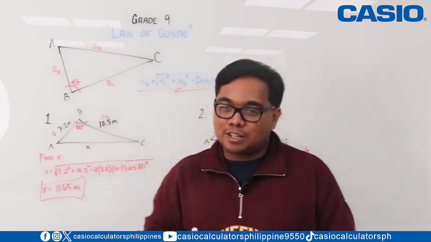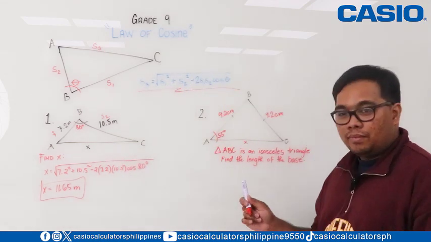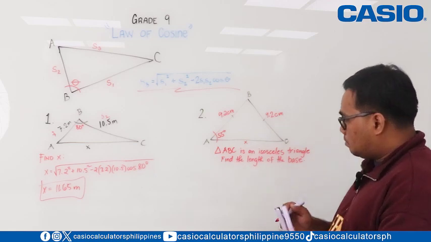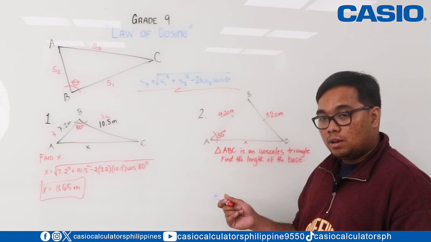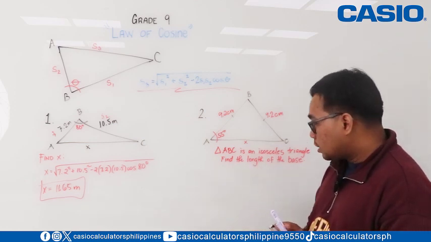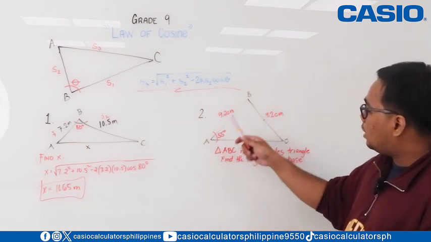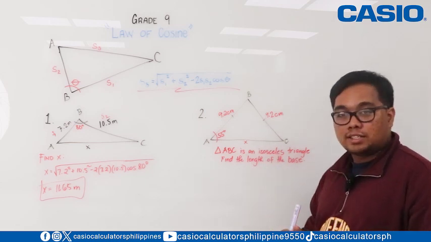Now, let's go to our second example. You need to analyze this first because it cannot be solved by simple substitution. The given is that triangle ABC is an isosceles triangle.